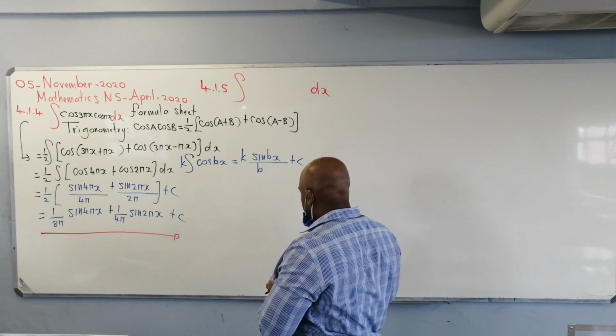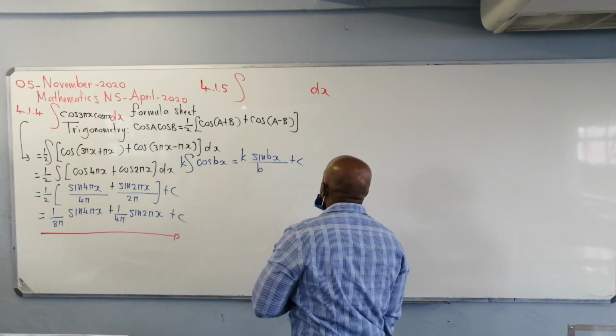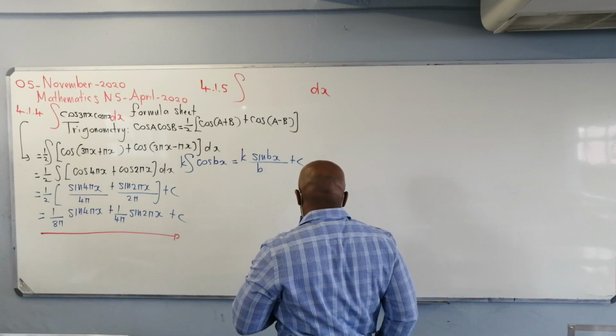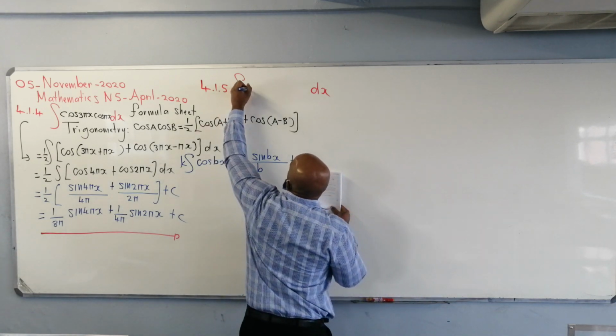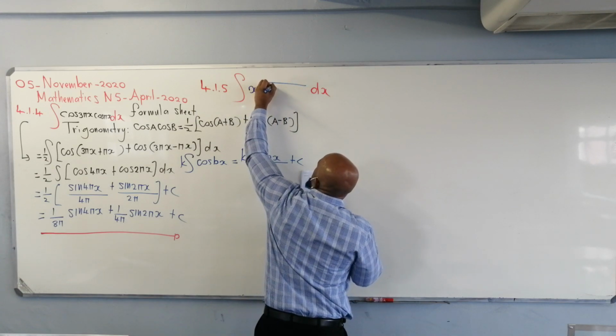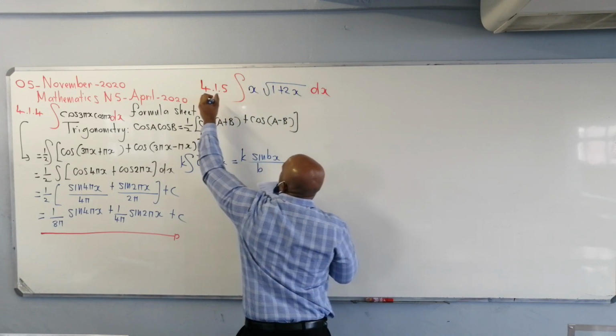So 4.1.5. This is x times the square root of 1 plus 2x.